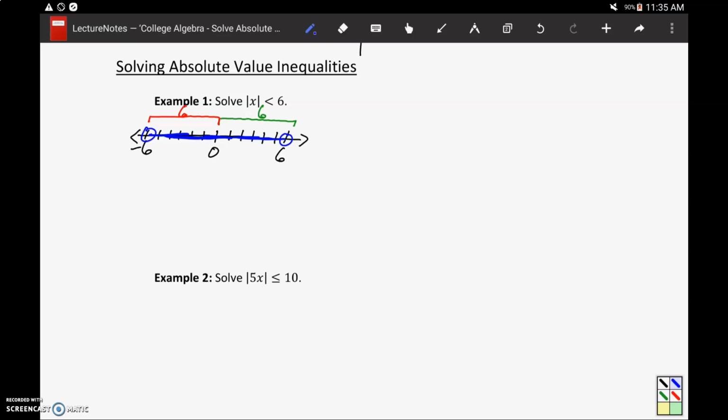So this would be the same thing if we were to express this as an inequality statement, as -6 is less than x is less than 6. So we have another one of these bounded inequality statements where all of our solutions are contained between these two numbers.